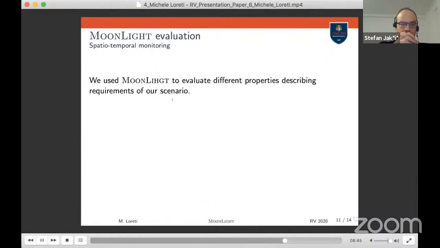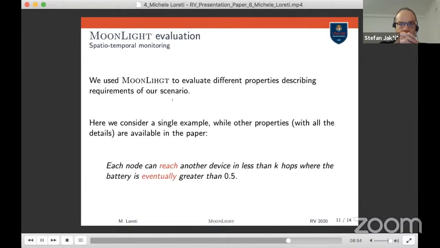So, Moonlight can be used to evaluate different properties describing the requirements of our scenarios. Here we consider just a single example, while other properties with all the details are available in the paper.